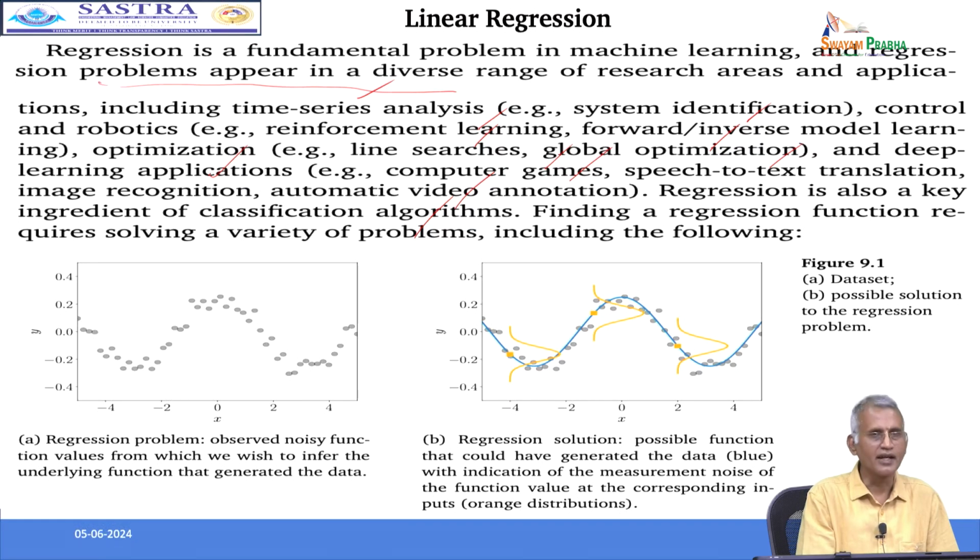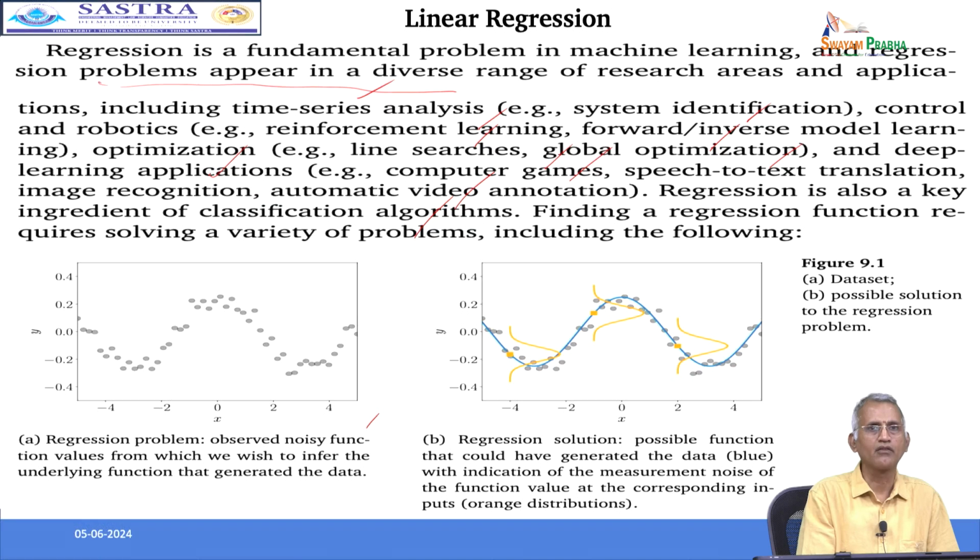That is, A stands for the observed noisy function values from which we wish to infer the underlying function that generated the data, and B represents a possible function that could have generated the data, because joining all the points we have, a function could have generated the data.